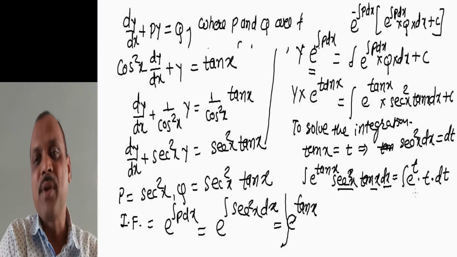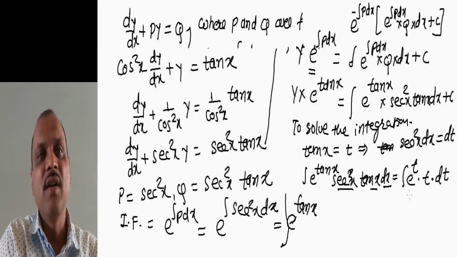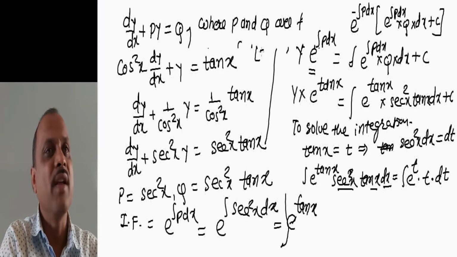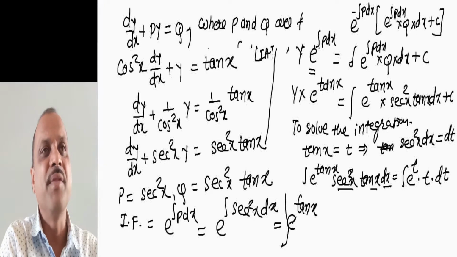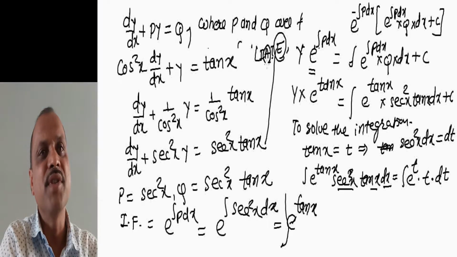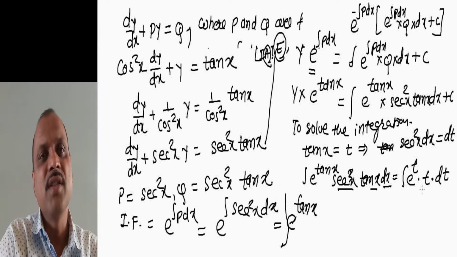Now apply the product rule of integration. You know LIATE. t is an algebraic function and e raised to t is an exponential function. This is the first function and this is the second function.